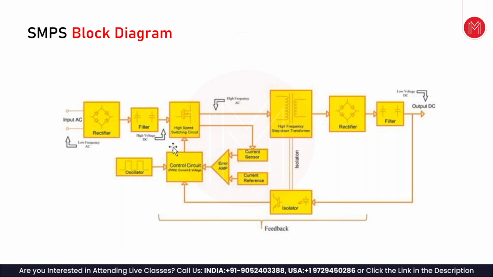The control circuit controls the switching here. It takes the error between this voltage and this voltage, and based on the error, the control circuit adjusts the duty cycle, which adjusts the output voltage. So the output voltage is regulated.